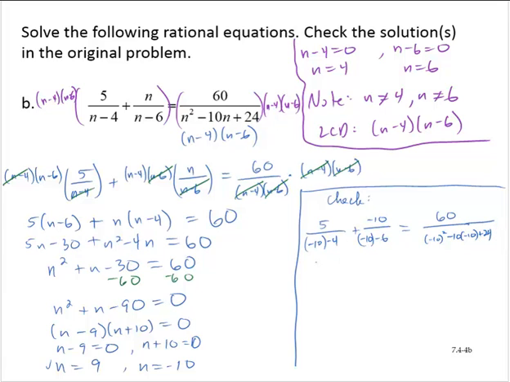All right, left-hand side would be 5 over negative 14 plus negative 10 over negative 16.